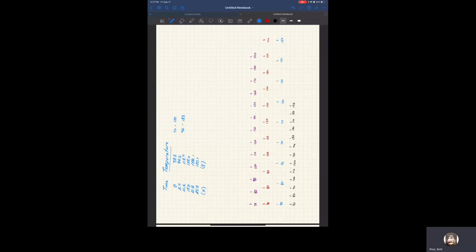And I see that's ranging from 70 roughly to 180, just a little bit over 180 degrees Fahrenheit. And then I notice that my time, well, that's running from 0 to 25.5. And that was in minutes.